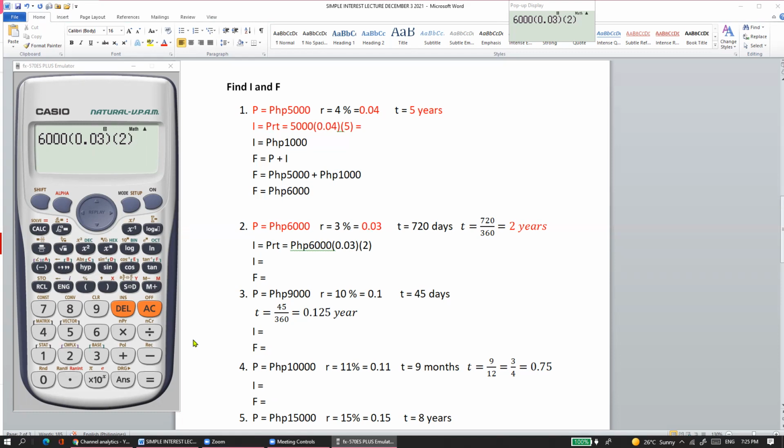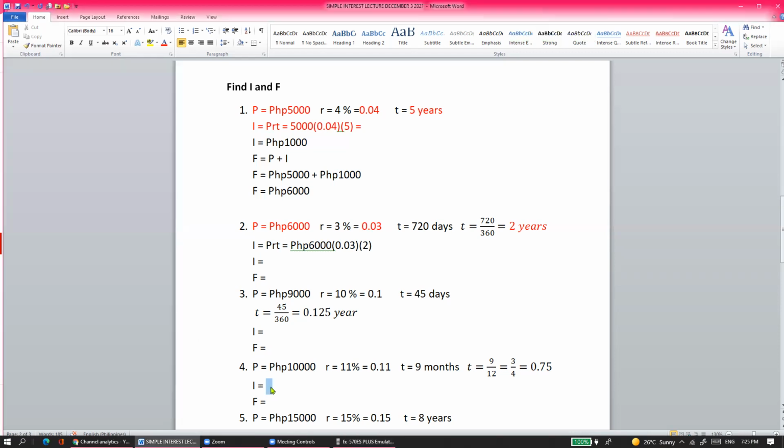So we have 6,000 times 0.03 times 2. So the amount that we have obtained is actually 360 pesos. So ito siya. Now, if we're going to calculate for the, dito ko siya nalagay sa taas. So wala pa tayo dyan. So dito 360. So I'll type 360.